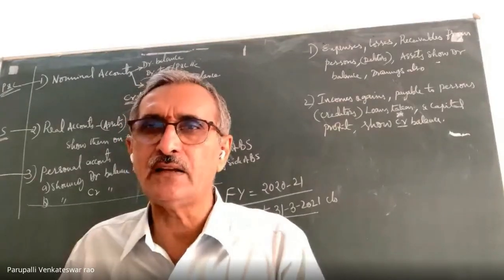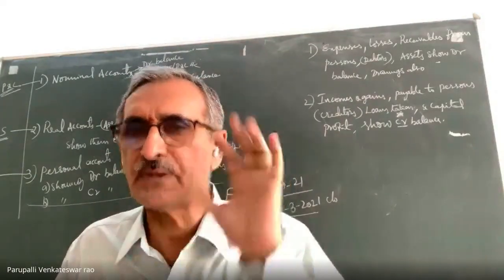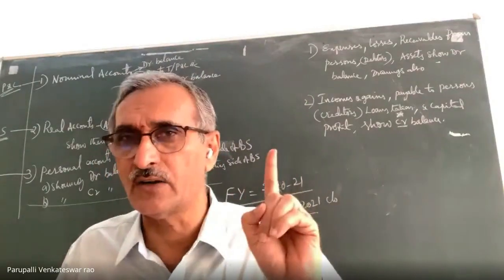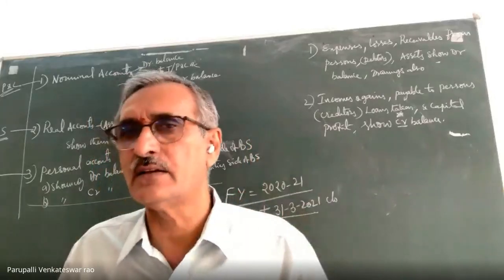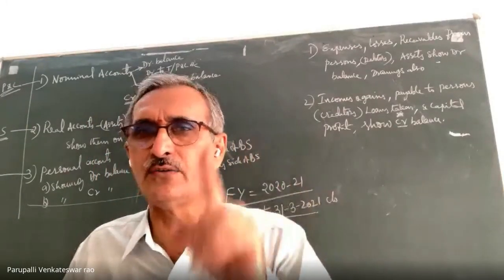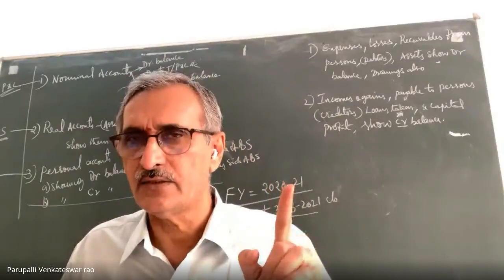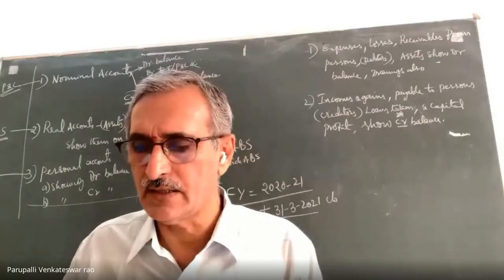That will be transferred to capital account, and the capital account is in the balance sheet. So the profit is added to capital. If it is a loss, we deduct it from capital in the balance sheet.